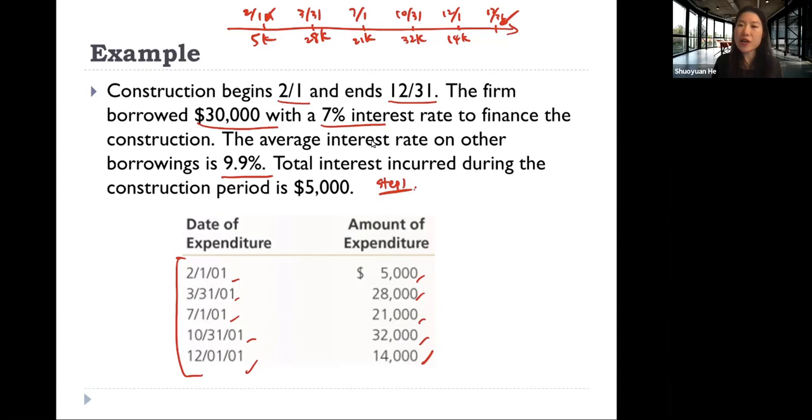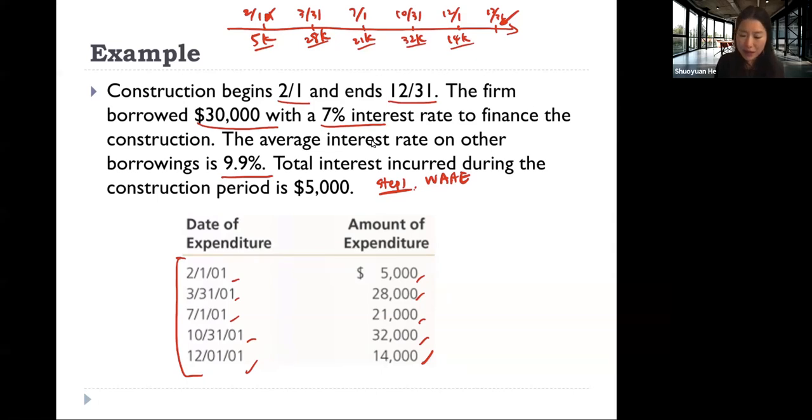Step one is to determine the weighted average accumulative expenditure. So what is this weighted average accumulative expenditure? Literally by the words, it is the accumulated expenditure, meaning that we need to add all of those expenditures up, but it is also weighted average. So what do we mean by weighted average, and weighted by what?